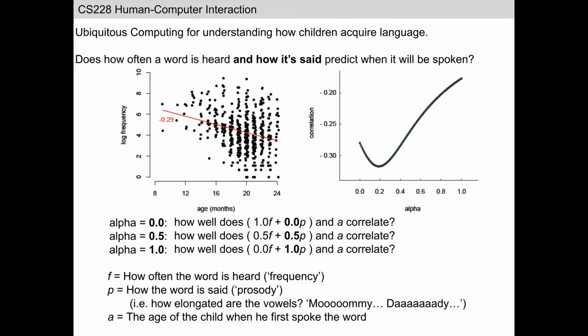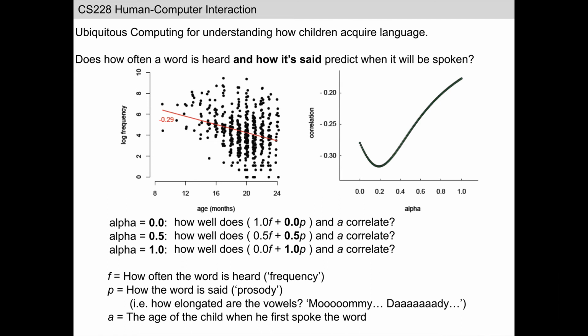However, in this hypothetical second plot, we're just mixing F and P, but how much F and how much P should we mix together to look for a stronger correlation? In order to test that, they introduced another variable, alpha, and you can think of alpha as a slider bar.